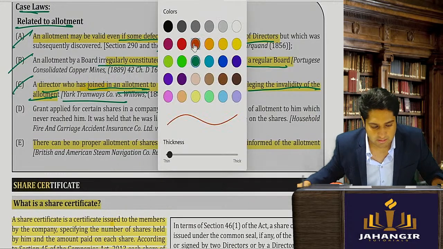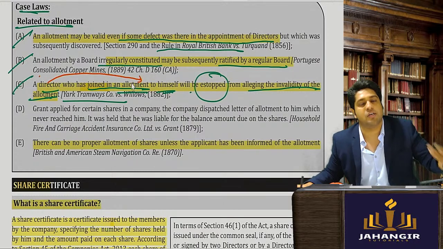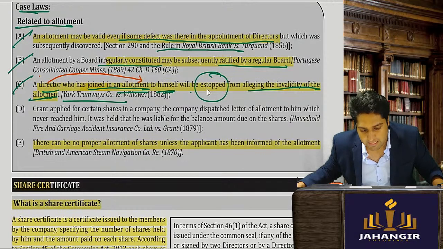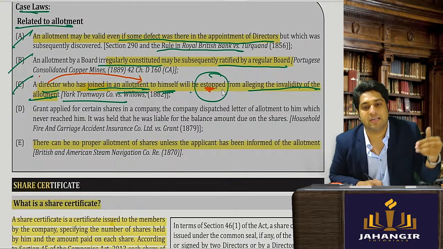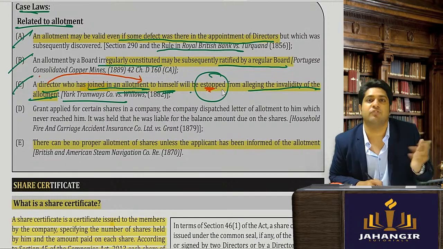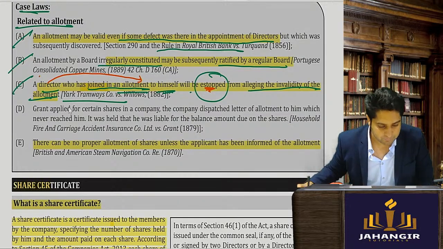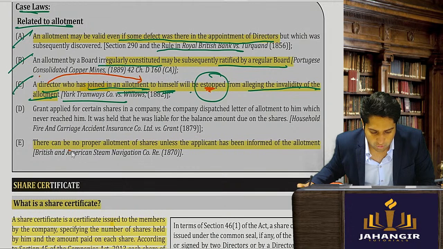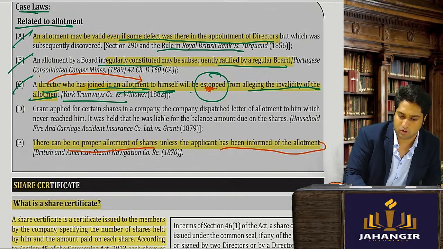So what happens if a director has allotted shares to himself? Then he is stopped from denying the validity of the allotment, and he has to pay the amount and will be liable as a shareholder. There is no proper allotment of a share unless the applicant has been informed of the allotment.